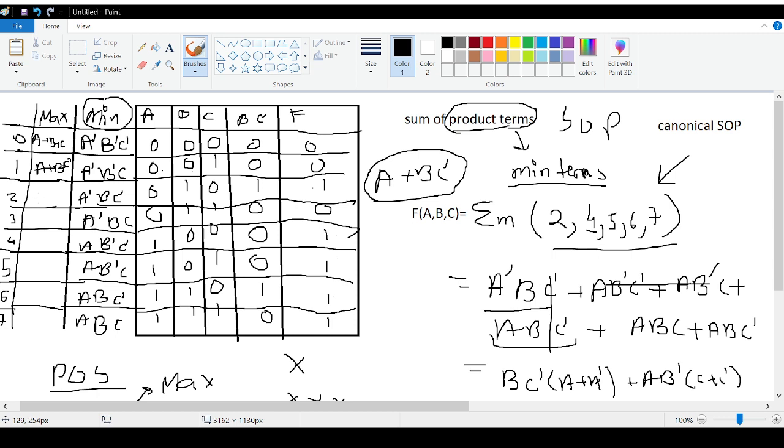This is going to be A plus B bar plus C. I'm not going to write the rest of it because it's pretty easy. Just complement the min term, or you can convert it from the number as well. So 0, 1, 1 will be A plus B bar plus C bar.